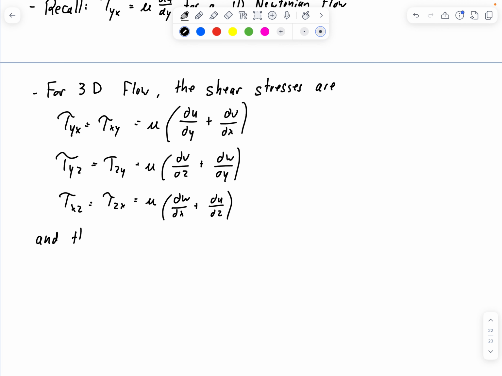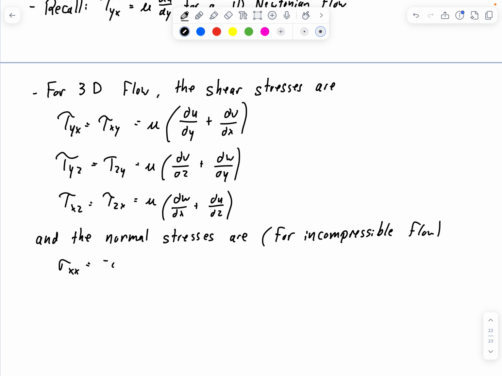And we also have similar expressions for writing down the normal stresses. And this is for incompressible flow. So we have sigma xx is equal to minus the pressure plus 2 mu del u by del x.